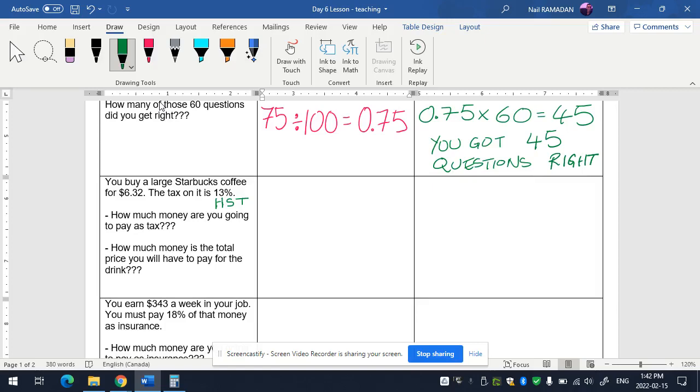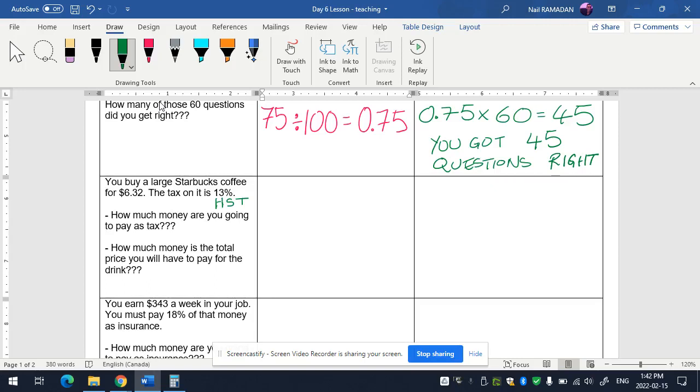Okay. So the question now is, how much tax do you have to add? You know it's 13%. That's fine. But how many actual dollars and cents do you have to pile on top of this to know how much tax you have to pay? Same thing. So I have to do what to the 13? Do I multiply it by 100 or divide by 100?